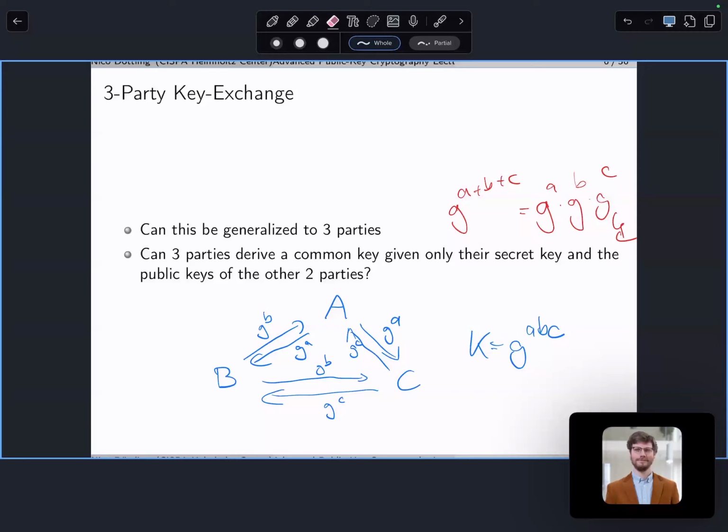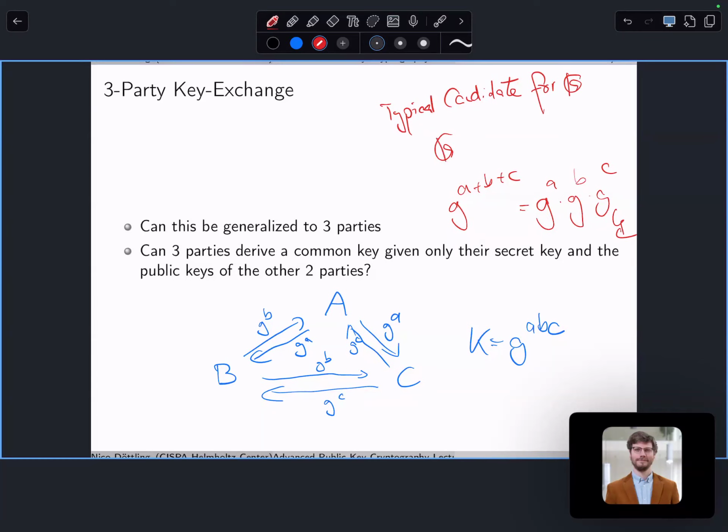Recall the typical candidate for our group G: G equals the quadratic residues in some F_p star. That means all squares of elements of the multiplicative group of a prime field.